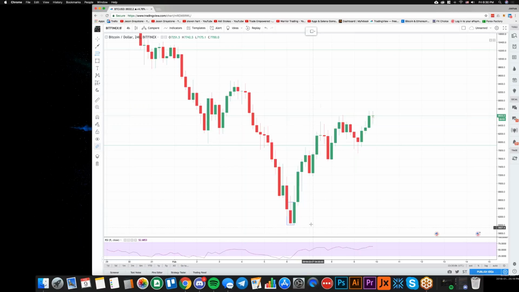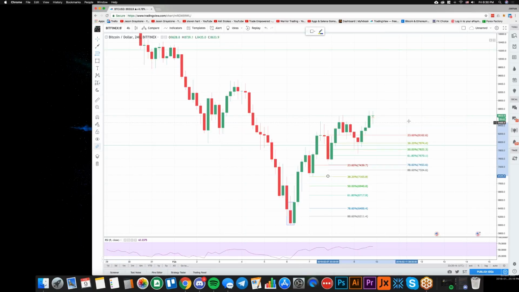But if we want to measure it out, let's look at that. That was a 38.2 retracement from this move. I bet that was a 23. Oh, I'm sorry, 61.8. You know, each of these pullbacks, that one was a 78.6. Each of these pullbacks is just a retracement that's maintaining this uptrend.